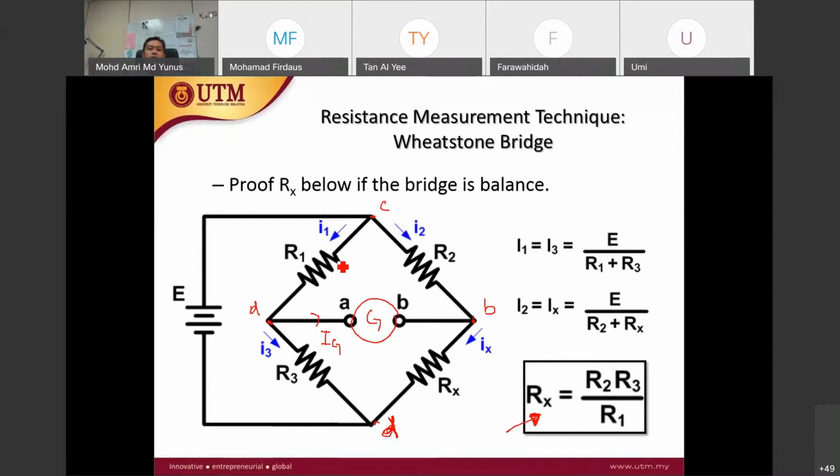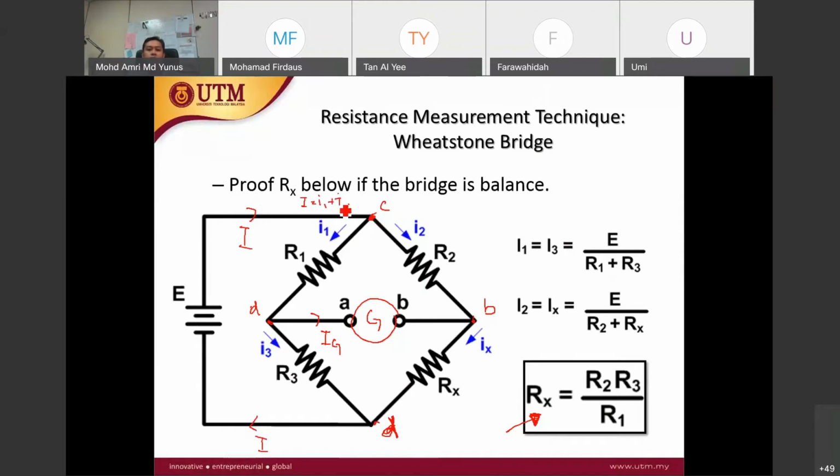At point C, let's say this is the main current I. At point C, we know that I is equal to I1 plus I2.